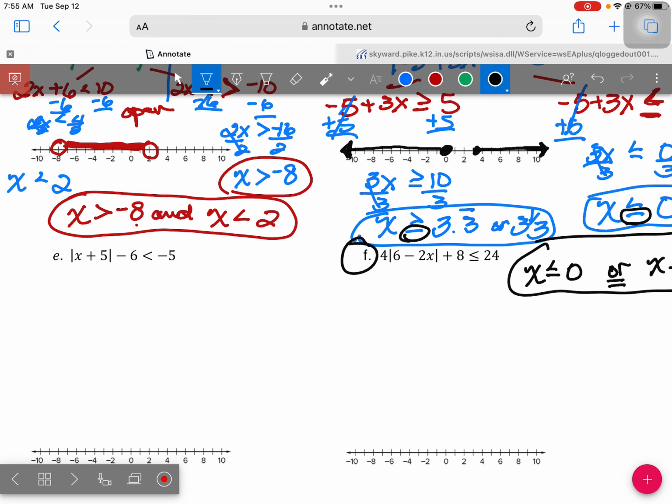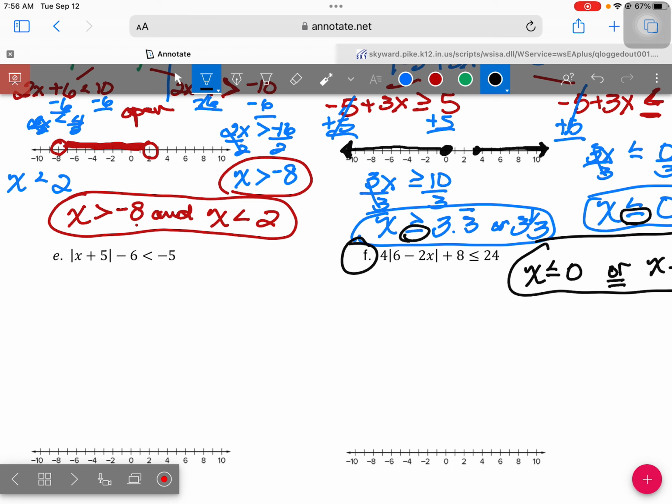Okay. Here in letter F, it is not isolated. So I am going to subtract 8. 8's cancel out. 4 times the absolute value of 6 minus 2x is less than or equal to 16. Divide by 4. 4 simplify out.